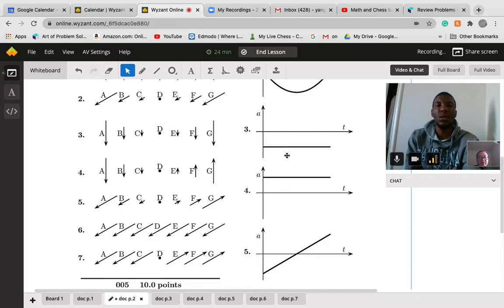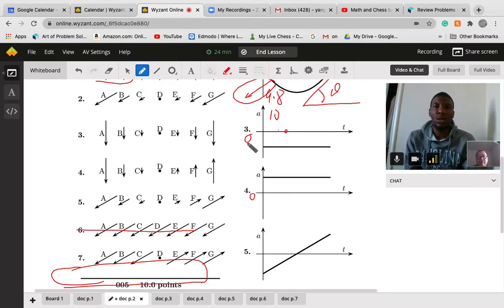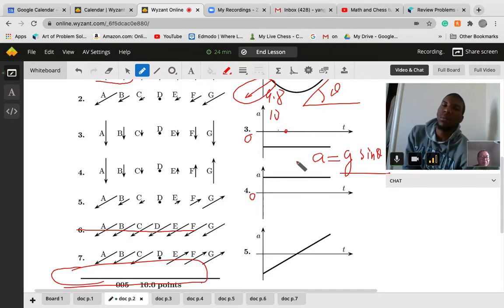It's constant all the time, but also a negative number. So 3. Yes, you're right. See, it's constant all the time and less than 0. How do we know it's constant? Because we have the formula equals g times sin theta. We already derived this from the previous problem.